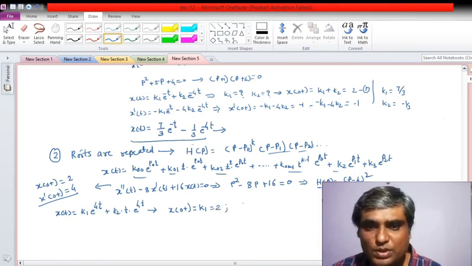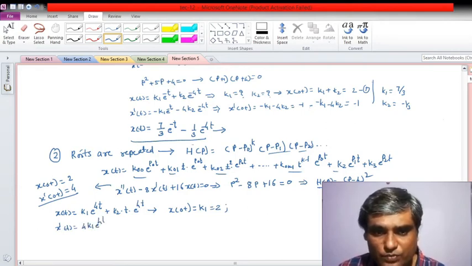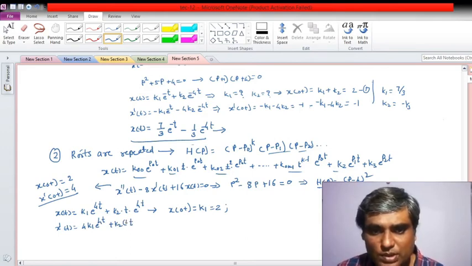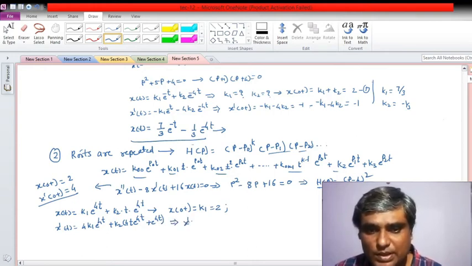Now, x'(t) will be 4k1 e raised to 4t plus k2 times first into derivative of second plus second into derivative of first. Evaluating at x'(0+), it will be 4k1 plus k2, which is 4.